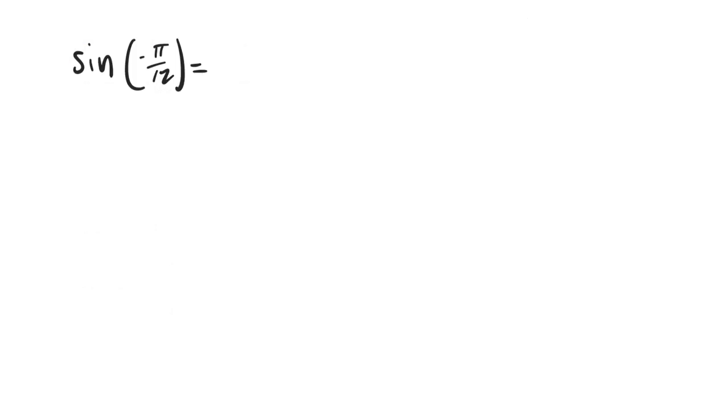Let's get started. Now this works similarly to the sum. So sine of negative pi over 12, just like our sum identity, it's going to be sine of the first. First we have to break this up into parts. Excuse me, I skipped ahead.